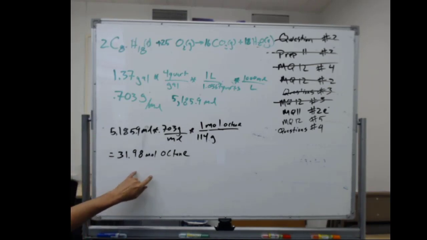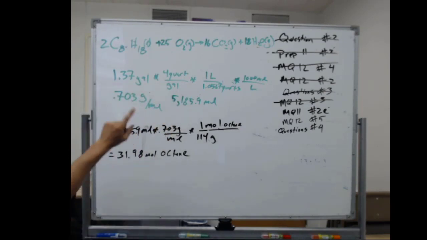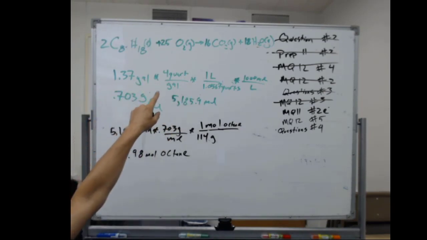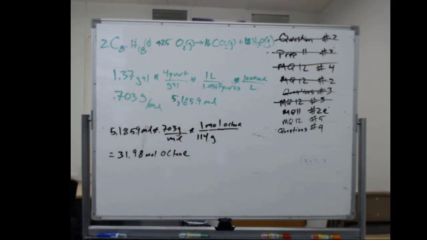I can take the moles of octane, and using the recipe, the chemical reaction, I can convert from octane to oxygen burned, or octane to CO2 produced, or octane to H2O produced. I can convert from one of these reactants to any of the other components in the chemical reaction.